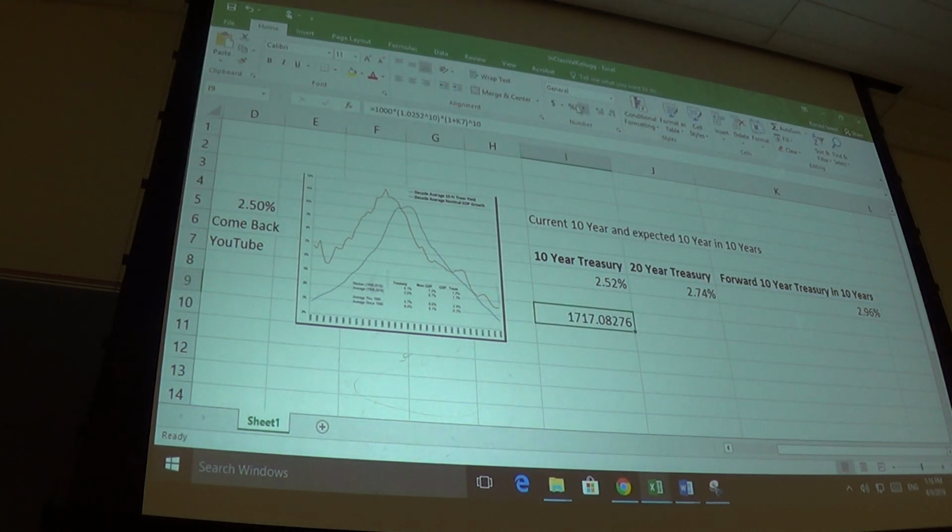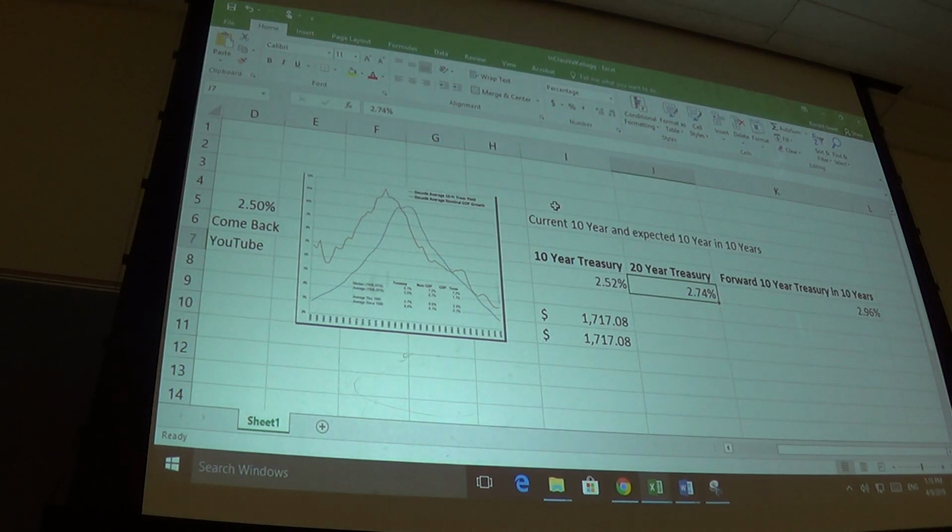You should have 1708, or you can just take $1,000 and invest it at 2.74 for 20 years. You should get the exact same answer, because that's what the 20-year is giving you. It's giving you 10 years at 2.52 and 10 years at 2.96. Or it's giving you 20 years at 2.74.